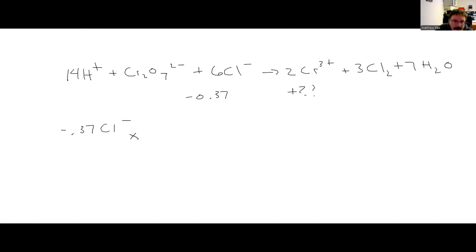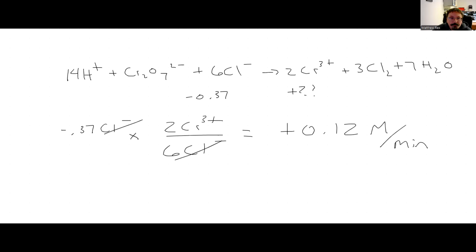That should be 2 Cr3+ for every 6 Cl-. So multiply that by 1/3, and we should have this appearing or increasing at a rate of 0.12 molarity per minute.